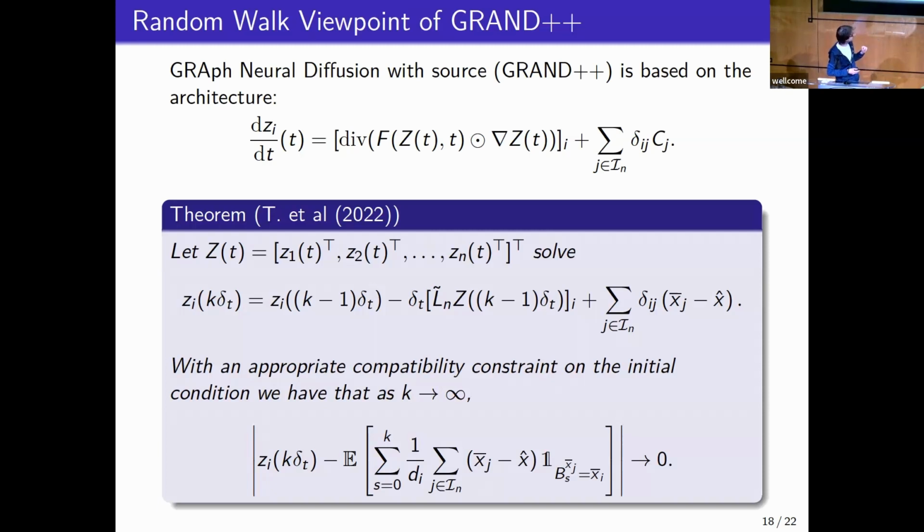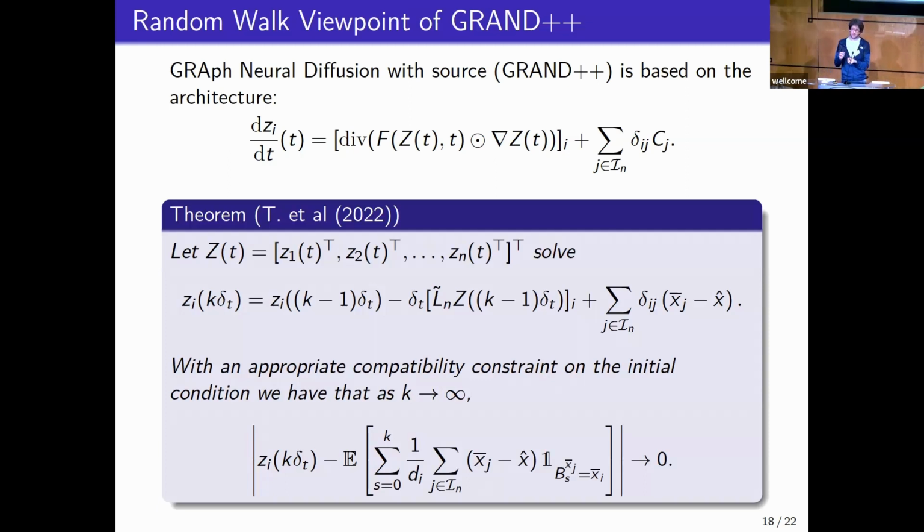You can think of this as the dual random walk to the previous case. Instead of having one random walk which I start off at one point and move around my graph, I now think of this as having many random walks which I start off at each of my source terms. Each element in the sum over j in I_n corresponds to one random walk which starts from that particular node.